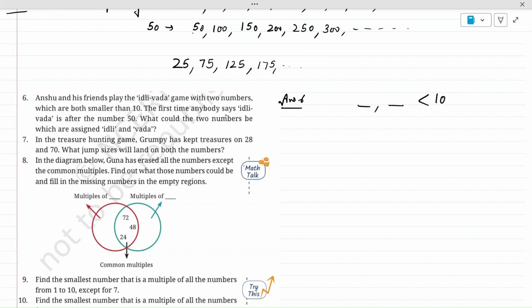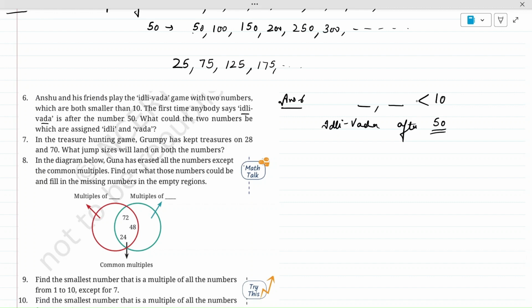And we know that idli vada would be said when it will be a multiple of both the numbers, on which we will say idli and on which we will say vada. So idli vada would be said after 50. Okay. So what could be the numbers which are assigned to idli and vada? This we have to find.